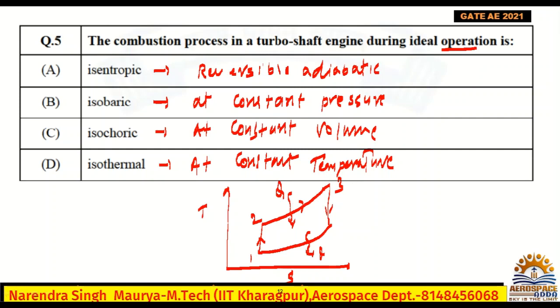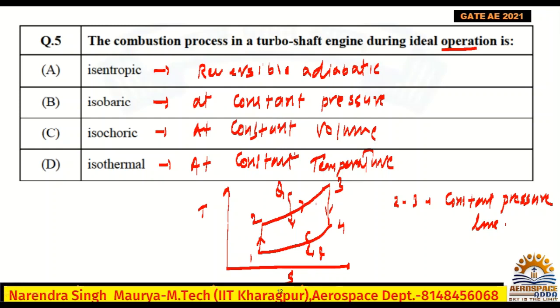Whenever the combustion process is there in a turbo engine, what is 2 to 3? 2 to 3 is the constant pressure line, all right. So at constant pressure you are adding heat.